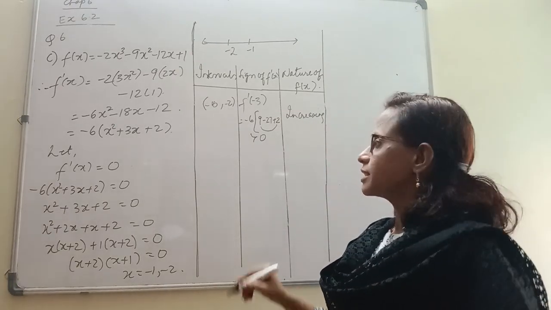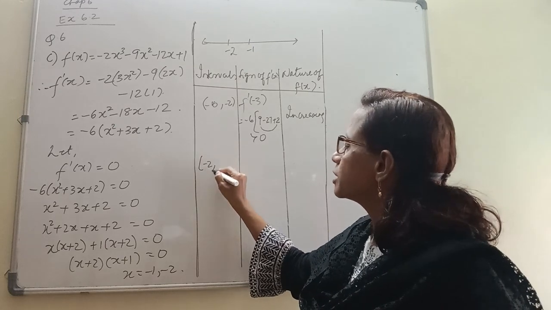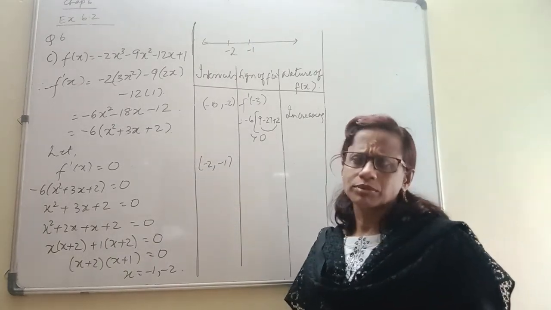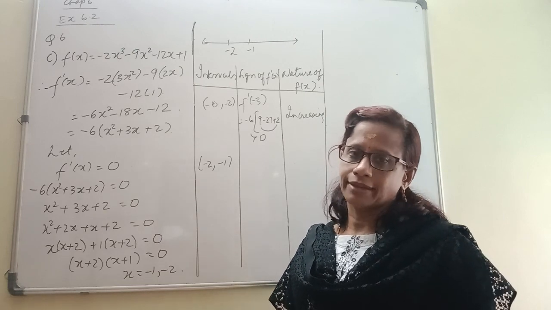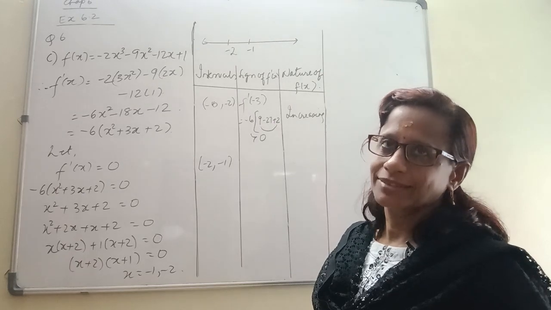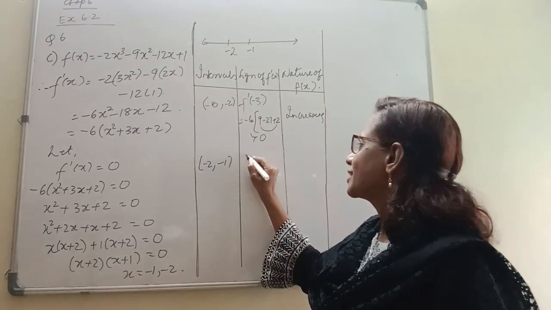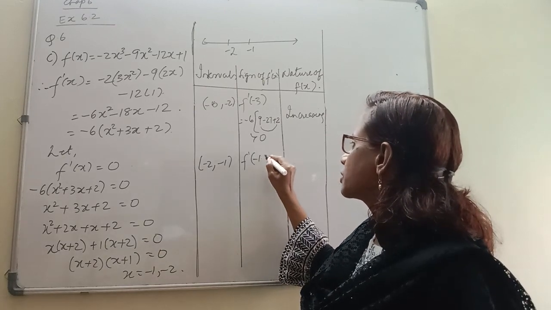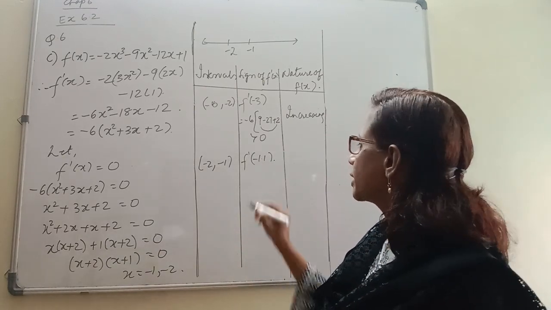Now we can take the next interval. The next interval is minus 2 to minus 1. Between minus 2 to minus 1, you can take any value. So minus 1.1, something like that, or minus 1.9. So then in that case, f dash at maybe minus 1.1. So what do we get?